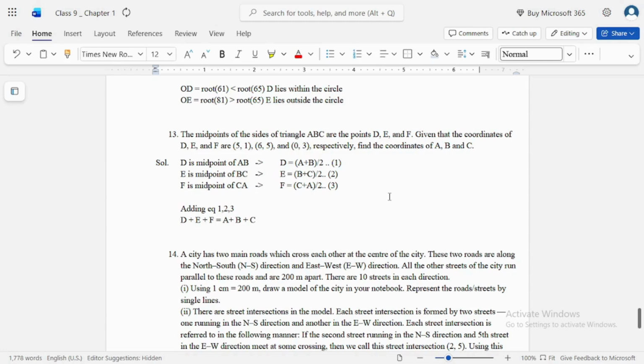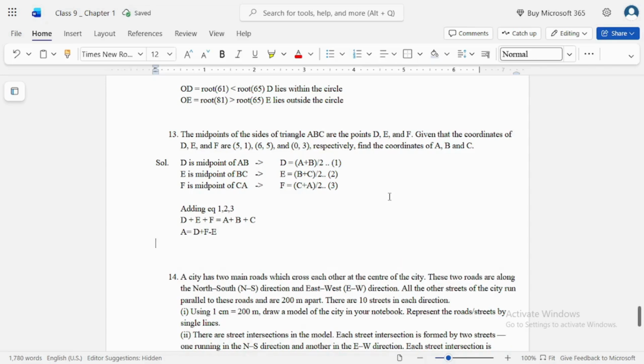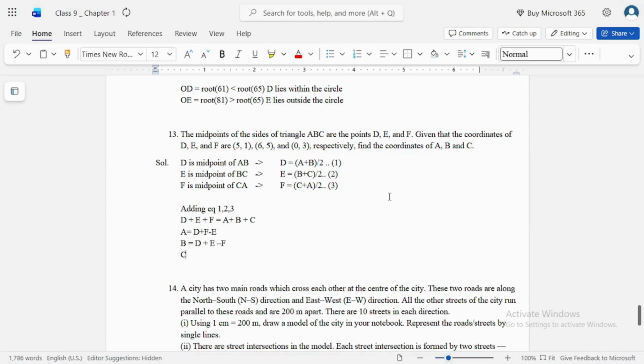Okay, now from this we can deduce A equals D plus F minus E. Similarly, B equals D plus E minus F. Similarly, C equals E plus F minus D. If you are wondering how I got these equations, it's very simple, right?